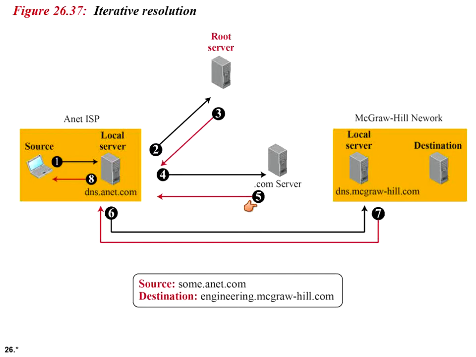And the message shown by event 7 contains the IP address of the destination. So when the local DNS server receives the IP address of the destination, it sends it to the resolver, and this is event number 8.